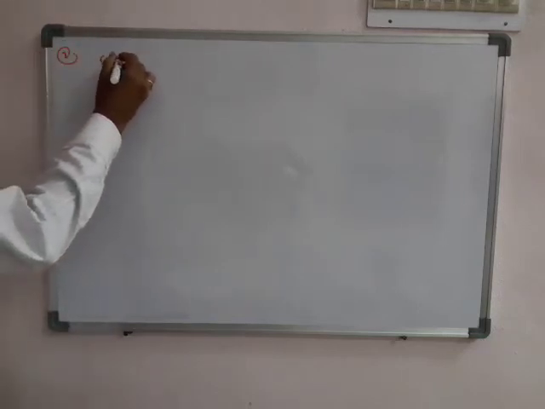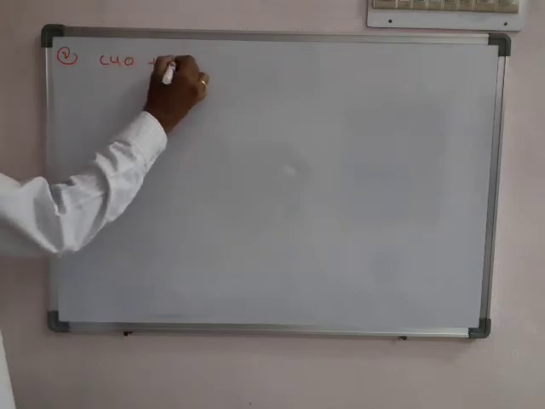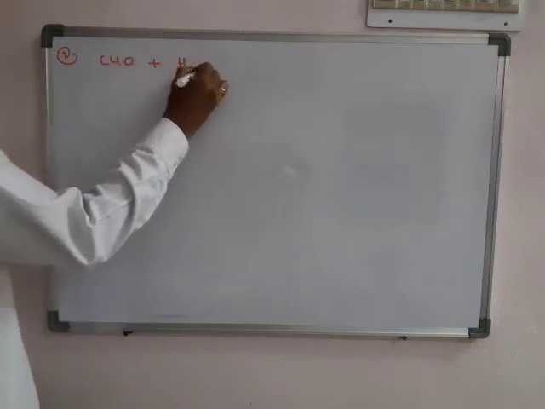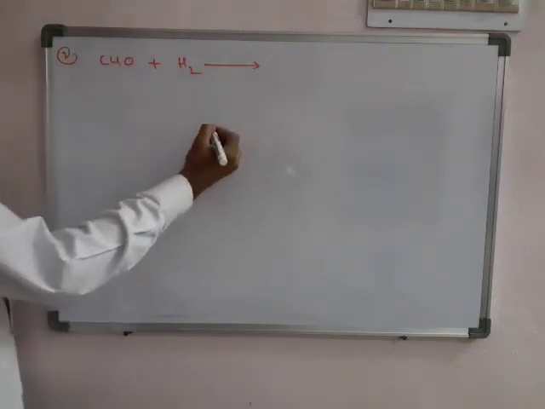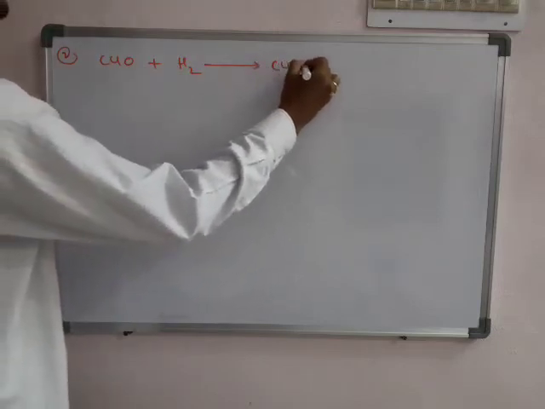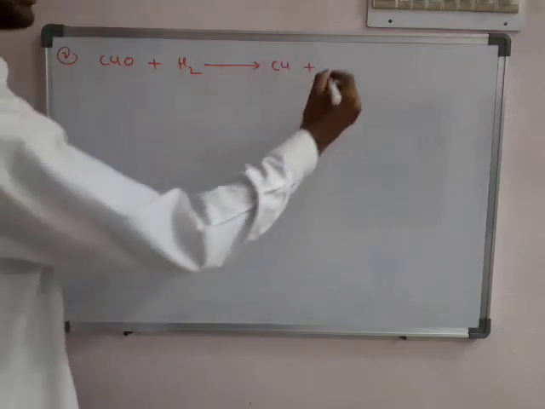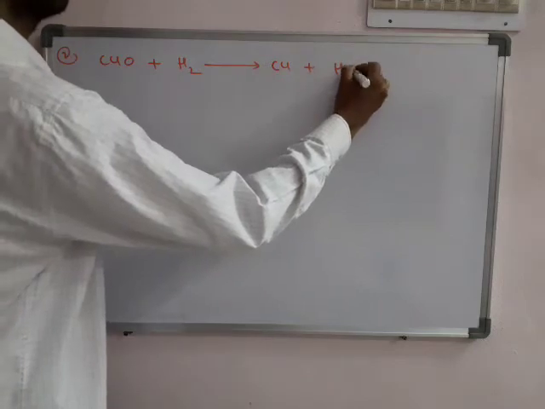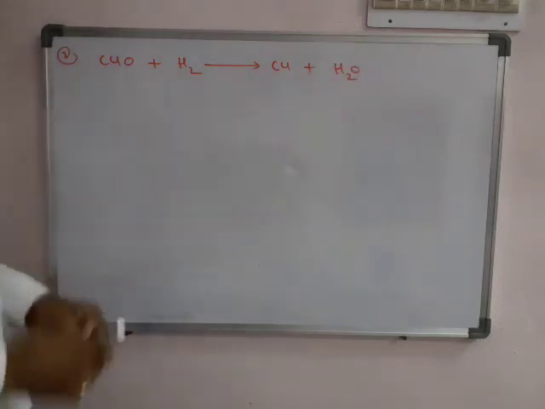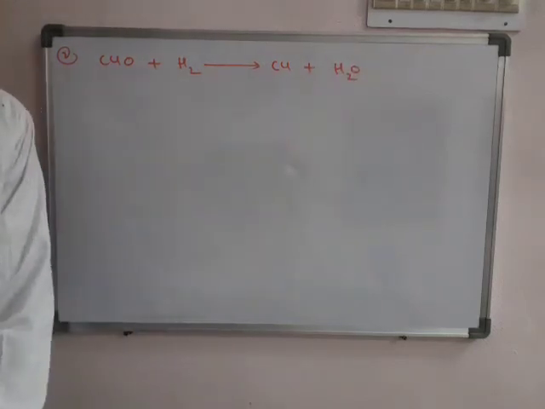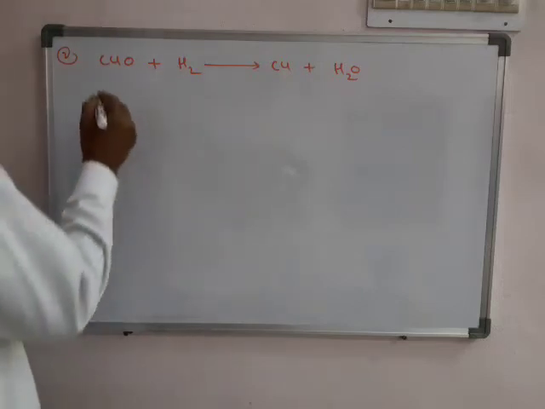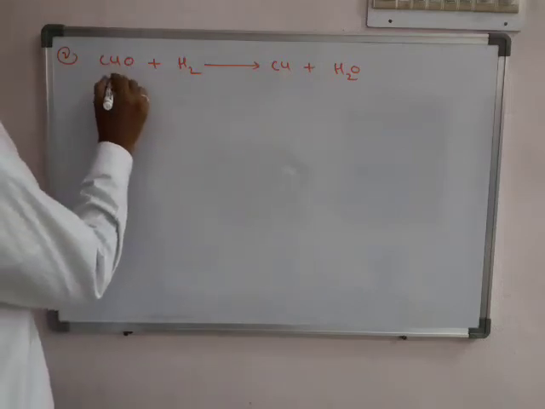See one more reaction. Given cupric oxide plus H2 gas, forming solid copper and H2O liquid. So which is oxidized and which is reduced? Here CuO is combined with one oxygen.